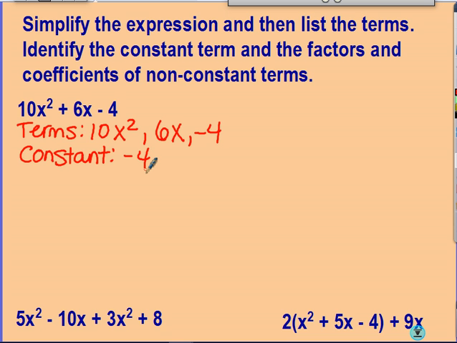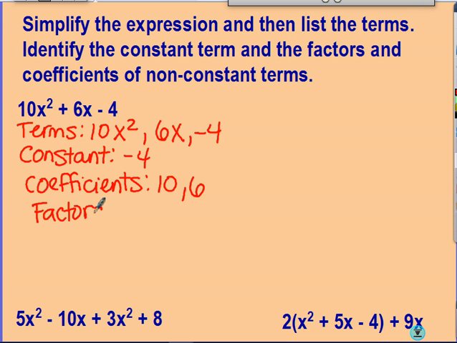The coefficients include 10 and 6. The factors for 10x squared include 10 and x squared, and the factors for 6x include 6 and x.